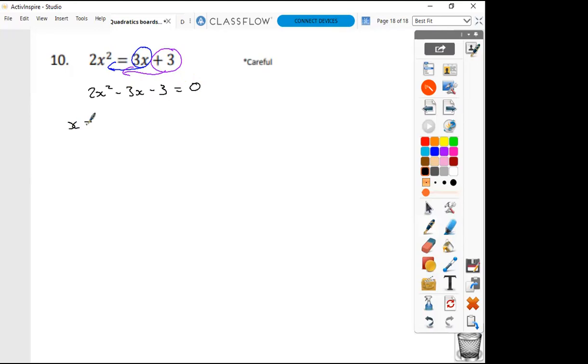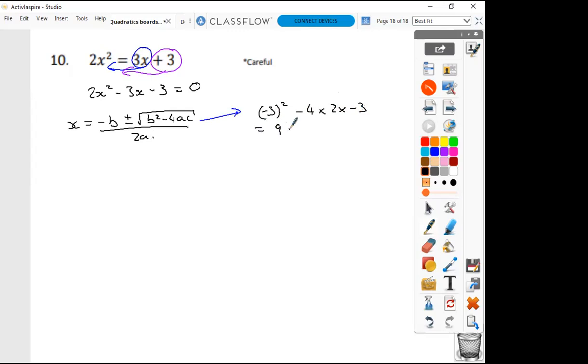Okay, and I can put that into my equation, negative b plus or minus root of b squared minus 4ac over 2a. Okay, I'll take my b squared minus 4ac over to one side just to give myself more room. So it'll be negative 3 squared minus 4 multiplied by 2 multiplied by negative 3.